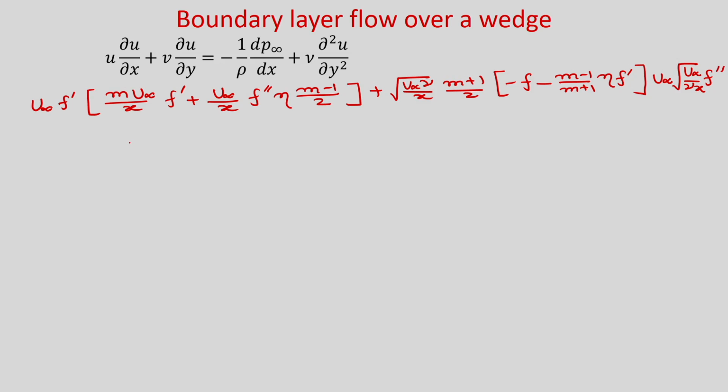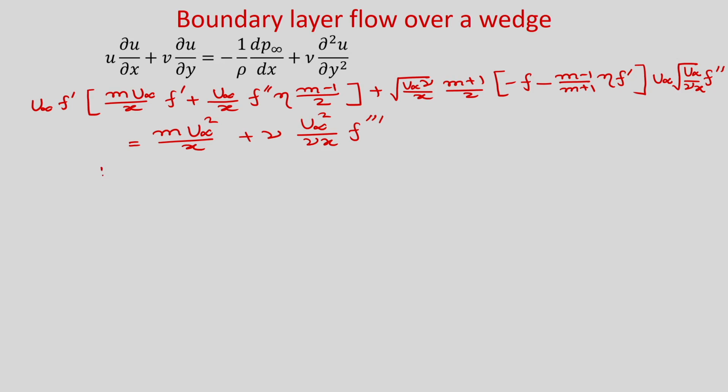Okay. And in the right hand side minus 1 by rho dp infinity by dx we have written as m u infinity square by x plus nu del 2 u by del y square, it is u infinity square by nu x f triple prime.